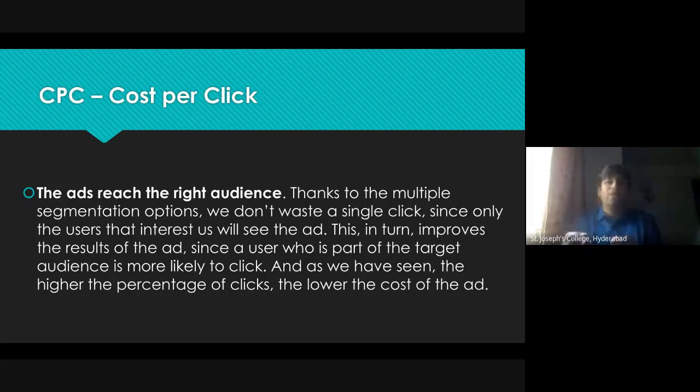So choosing the right audience is the best in terms of CPC. When you enter the keyword home delivery, if you have home delivery services, you can have an ad saying water purifier home delivery, and the demo would definitely be done at home.